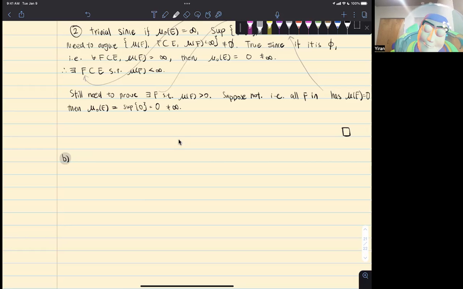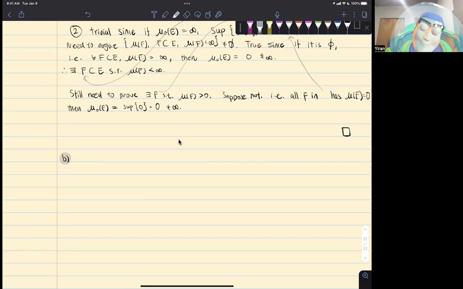Therefore, as j grows, this converges to the union, and it converges going upwards because Ej is increasing. So let's just leave it here, and if we have time, we can go back to the details.